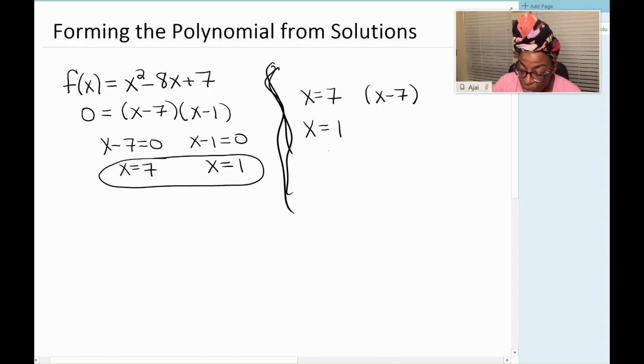If I move the 1 over, I would have to subtract it, and it puts everything on one side. So what factor did x equals 1 come from? It will be x minus 1. If you take x minus 1 and set it equal to 0, you get x is equal to 1.